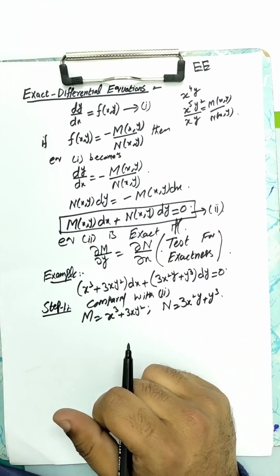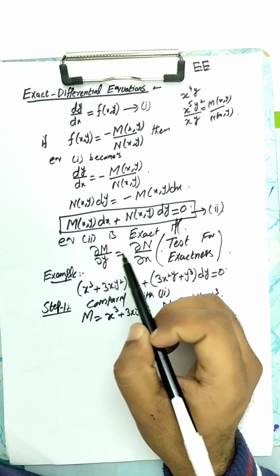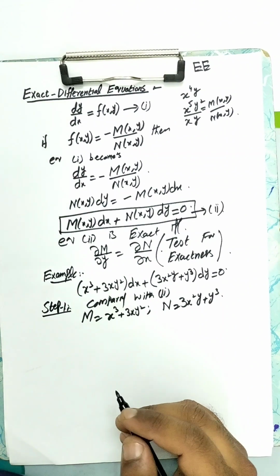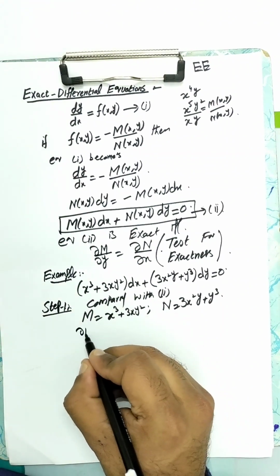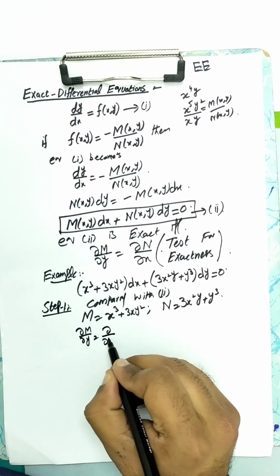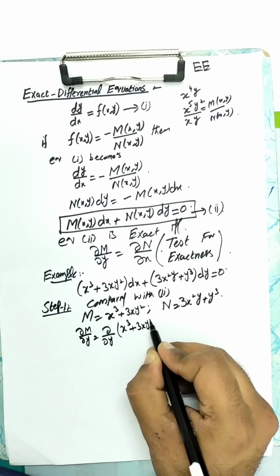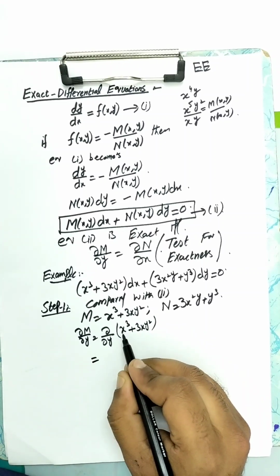So we check the test of exactness. The test of exactness is partial M over partial y is equal to partial N over partial x. So we calculate partial M over partial y, which is equal to partial over partial y of x cube plus 3xy square.